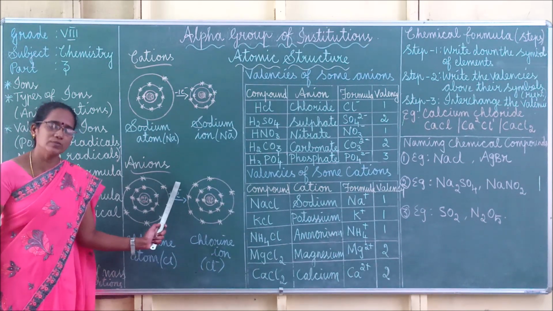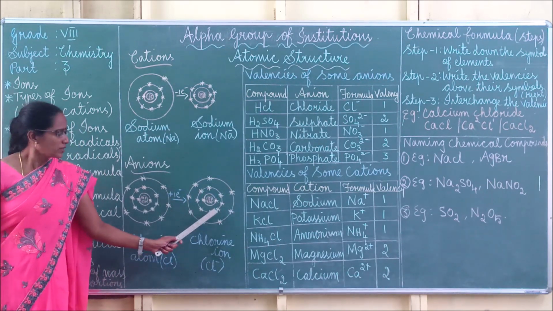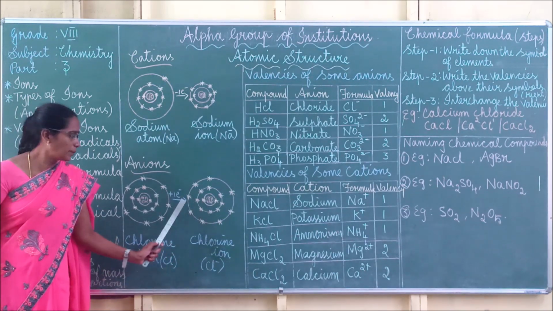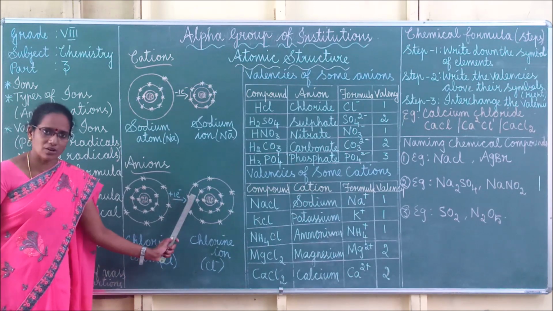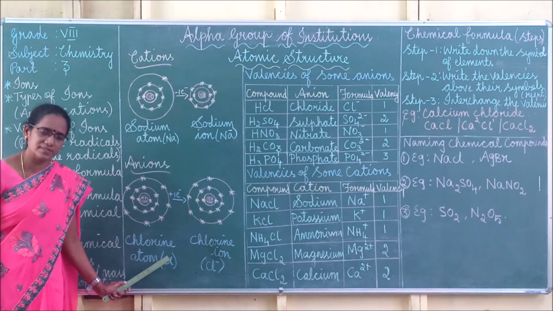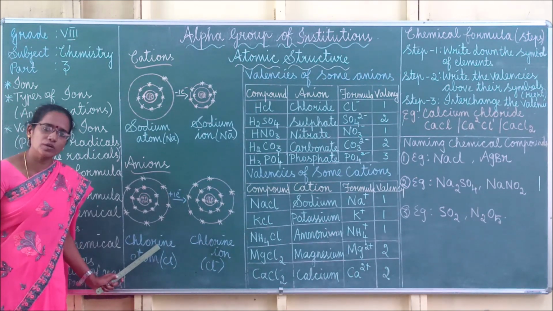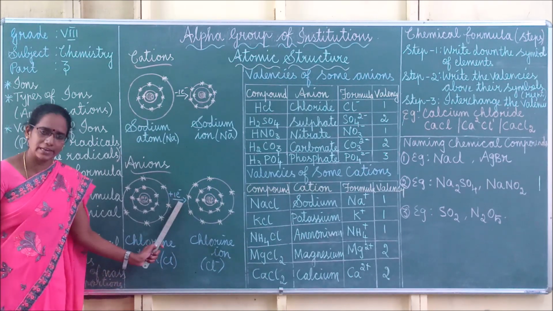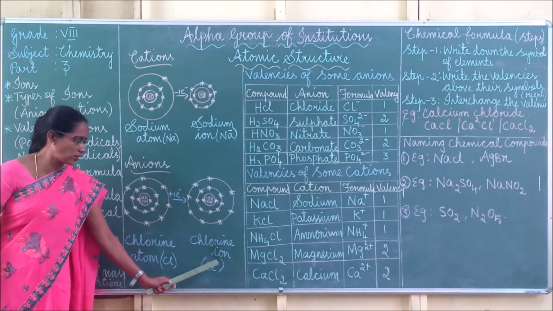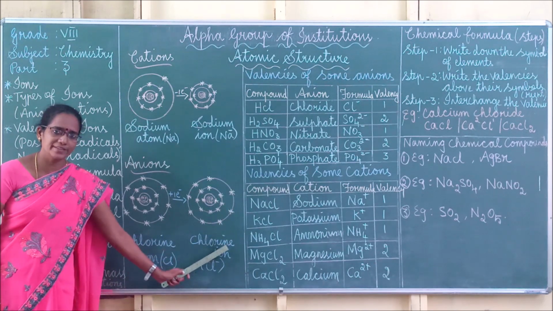So chlorine attains a stable electronic configuration by gaining 1 electron. This is the chlorine atom and its symbol is Cl. It turns into a chlorine ion, its symbol is Cl minus, right children?